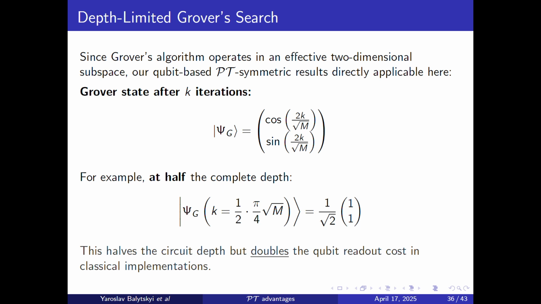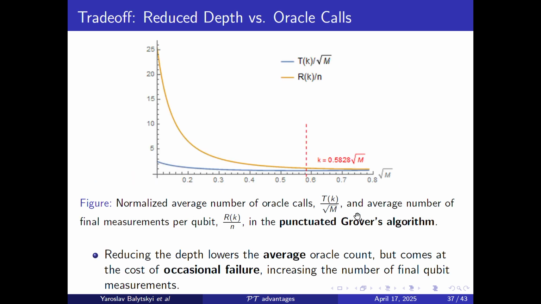It doubles the qubit readout cost, because on average you need to read the outputs twice, since the success probability is one half. And effectively there is a truncated version of the Grover search algorithm.